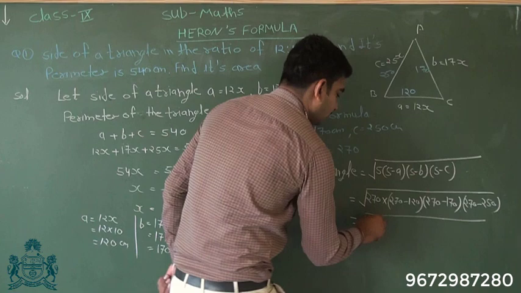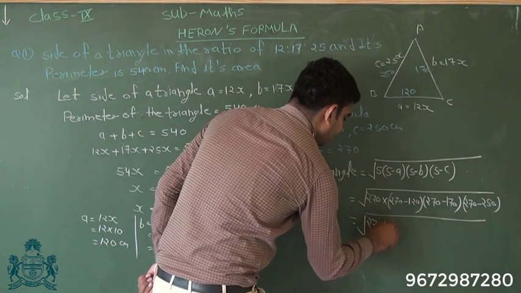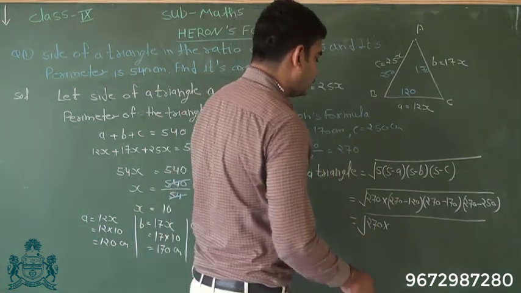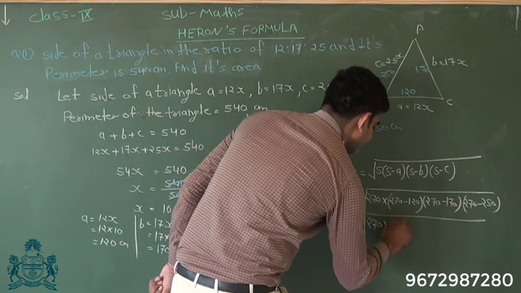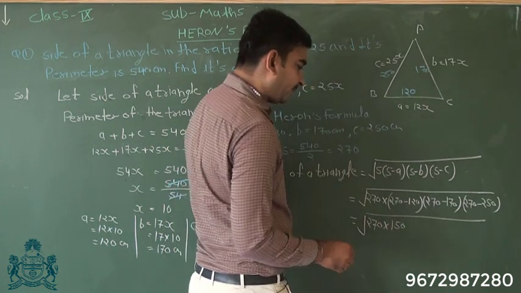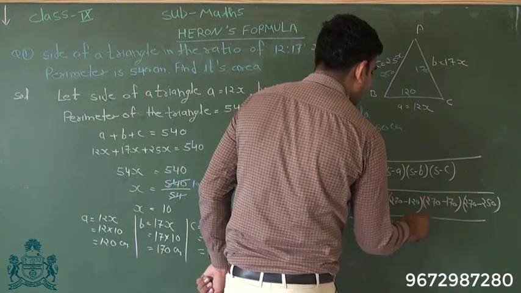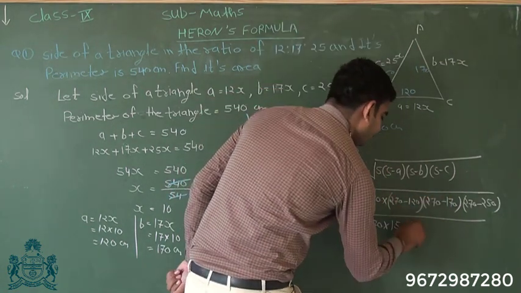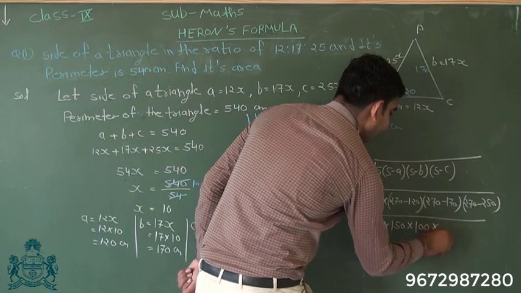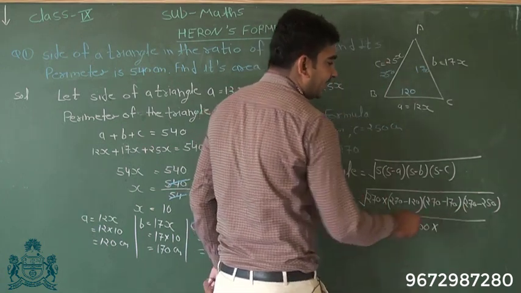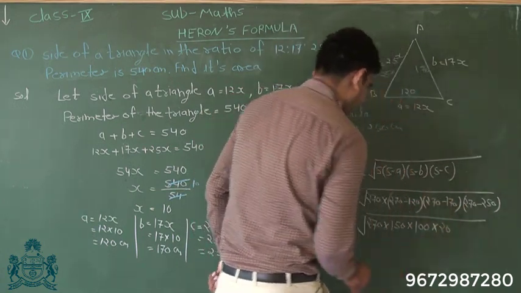Under root 270 into 270 minus 120 is 150, 270 minus 170 is 100, and 270 minus 250 is 20.